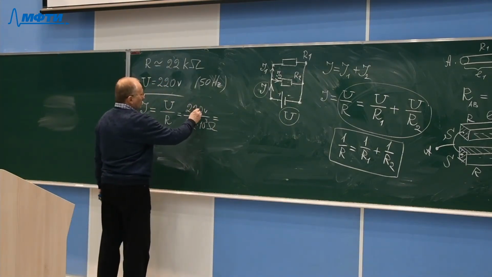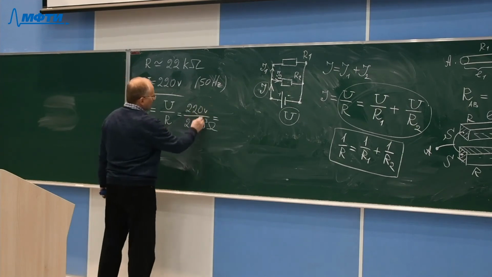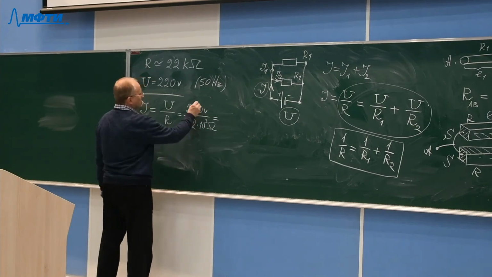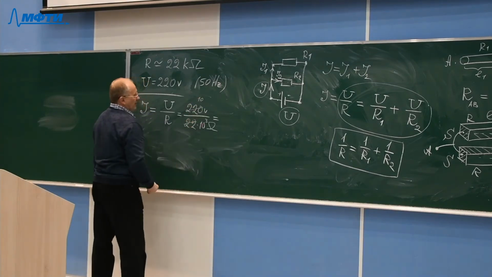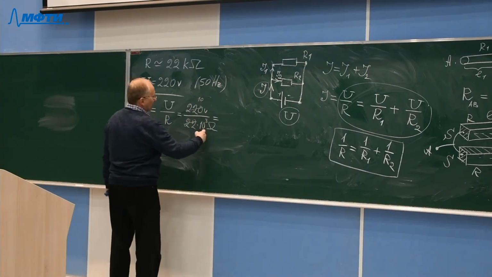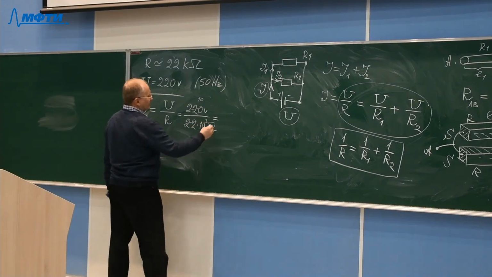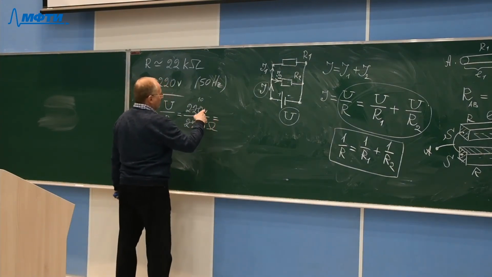So 220 divided by 22 will be just 10, and 1 divided by 1000, that will be 10 volts.